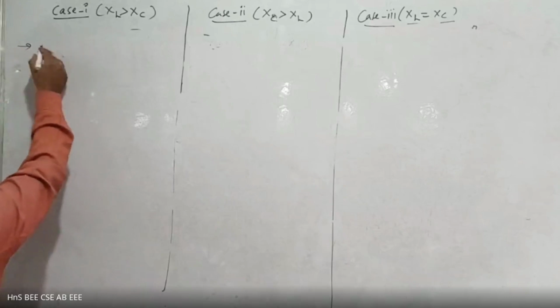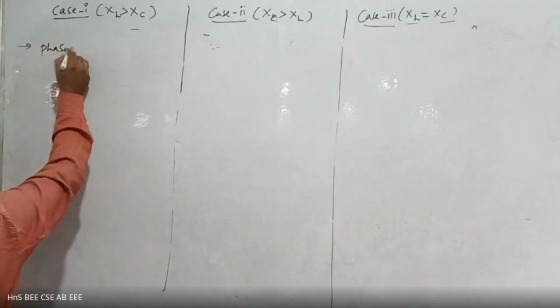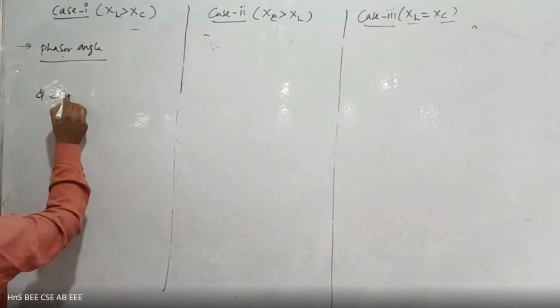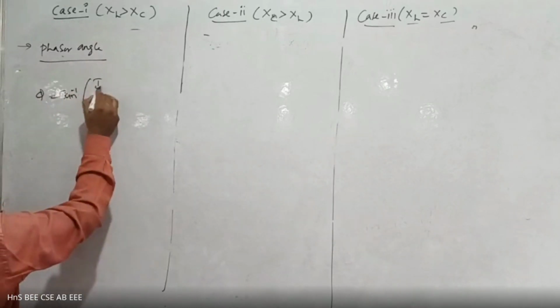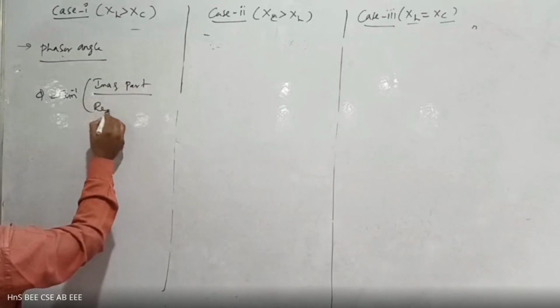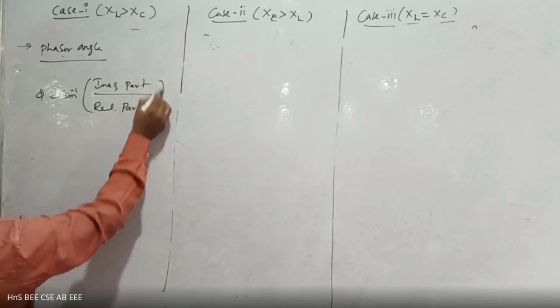And the phasor angle formula: phi equal to tan inverse of imaginary part by real part. This is our formula for the phasor angle.